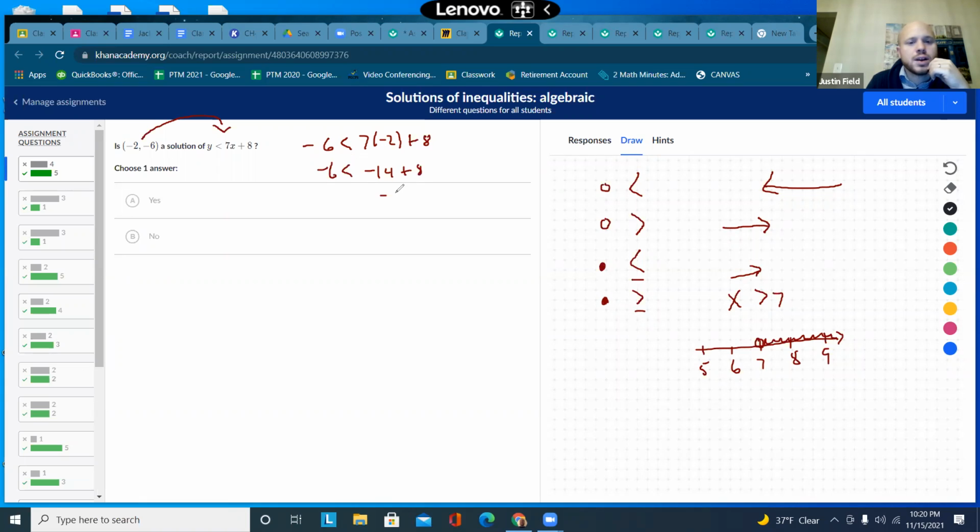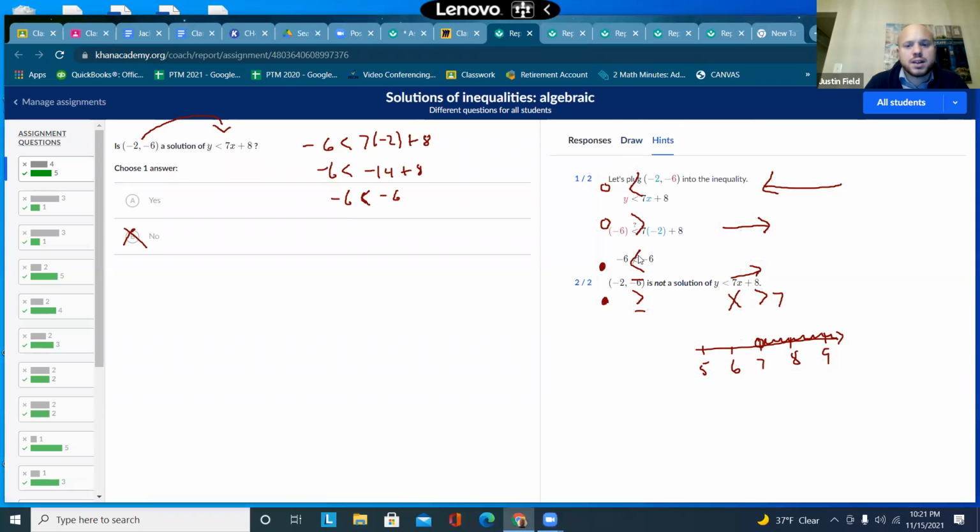And that would be -6. Is that right? So is -6 less than or equal to -6? The answer is no. If it had an or equal to sign, then I could have said yes.